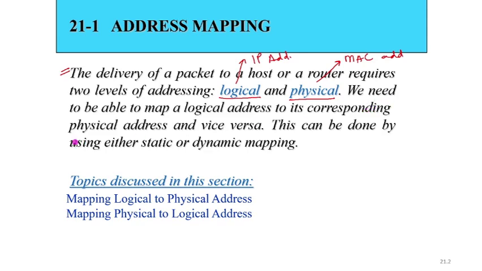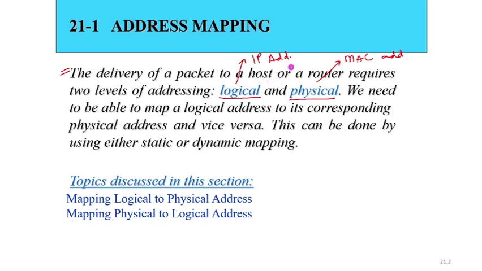Okay, so we need to be able to map a logical address to its corresponding physical address and vice versa. So if a device or a system is there in the network, it will have an IP address and also a MAC address. So how can we map an IP address to its MAC address, that is the physical address, or from a physical address to its IP address?